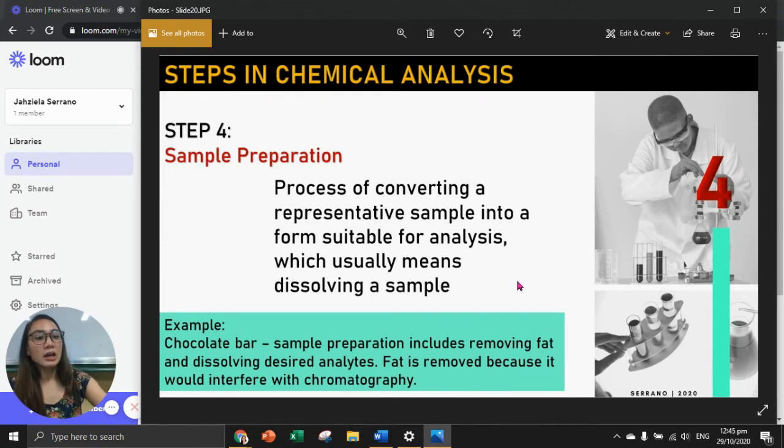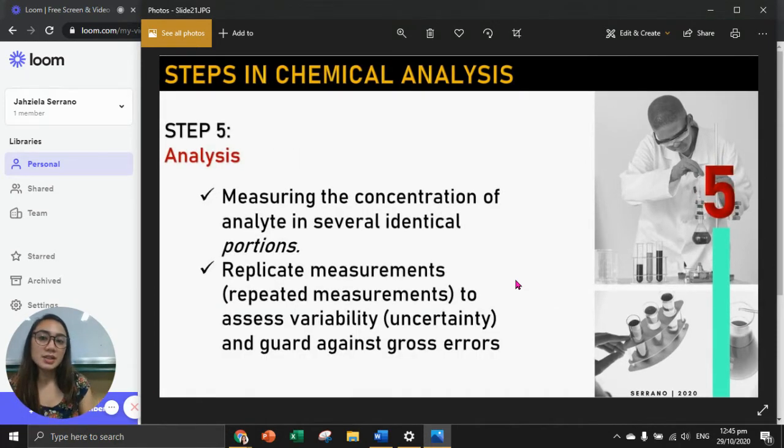So again, babalik at babalik kayo sa step 1 and step 2, which is ano ba yung methodology mo, 'di ba? So bakit mo tatanggalin yung fat? And what else? Sa chocolate bar mo ba, kailangan lahat ng to is dissolved in a liquid form or in solid form? So next, step 5 is analysis. So this time, it's measuring the concentration of analyte in several identical portions.